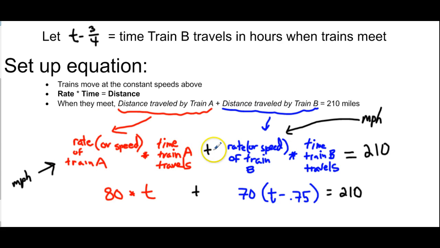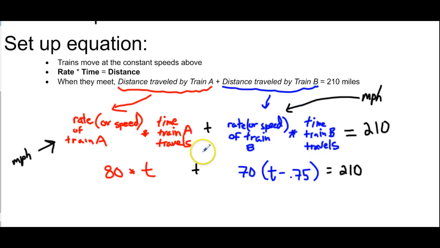We're going to add to that the distance that train B travels in a particular amount of time. What is the distance train B travels? Isn't it its speed or its rate times the time that it traveled? Okay, that has to equal 210 miles.